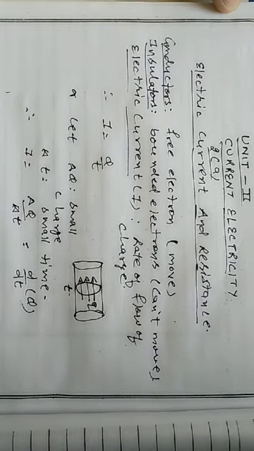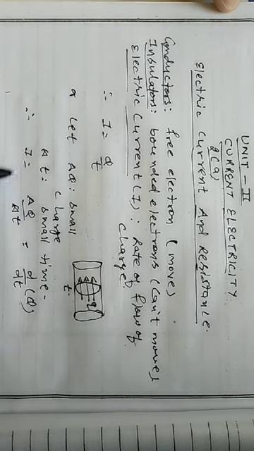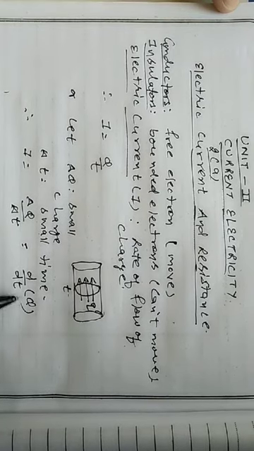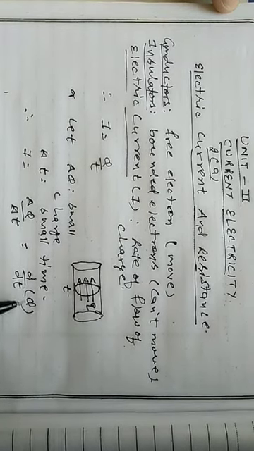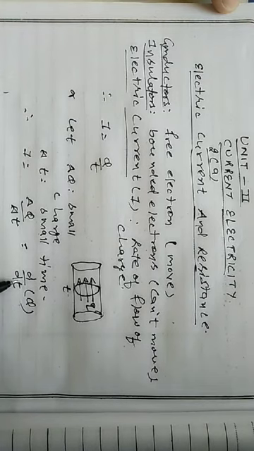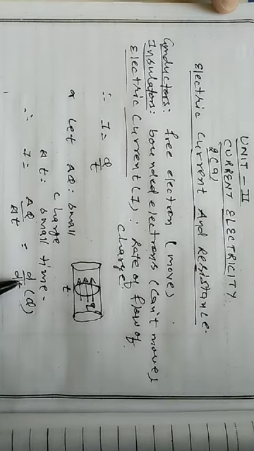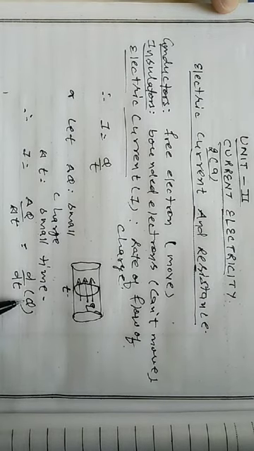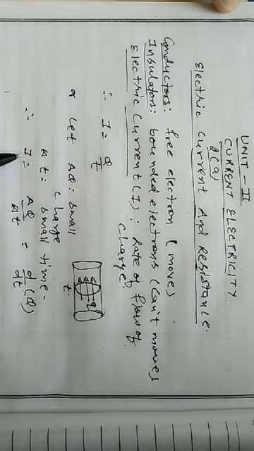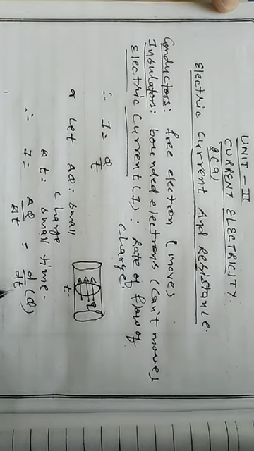So I is also defined as the first derivative of the charge, d by dt of Q, where d by dt is the derivative. So we can say I is the first derivative of charge.